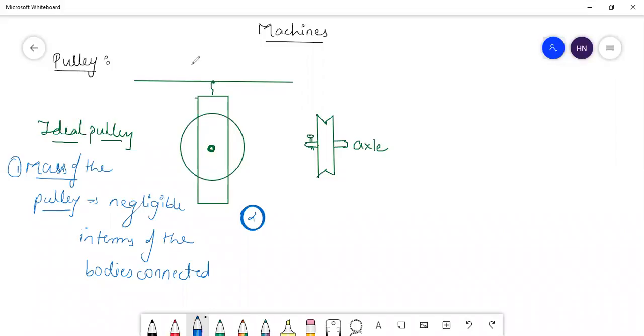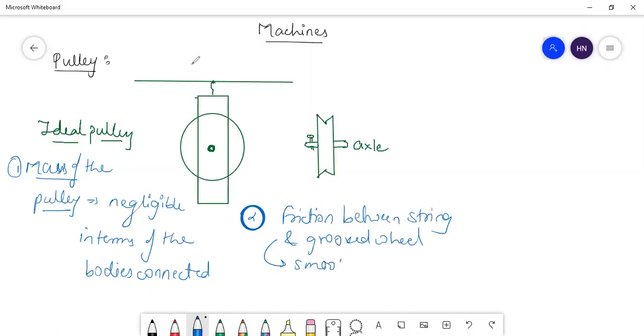Second important thing, the friction between the string and the grooved wheel helps in smooth rotation of the wheel.